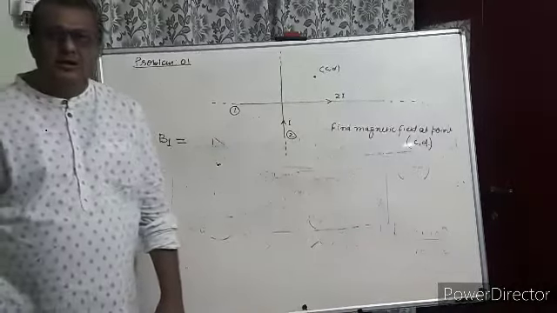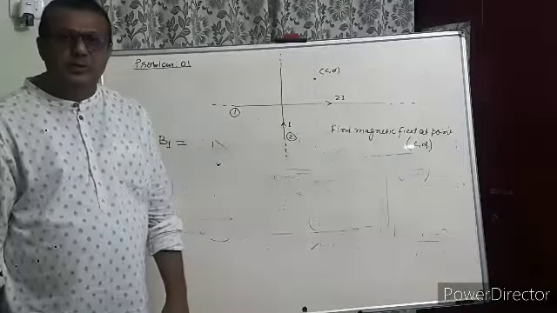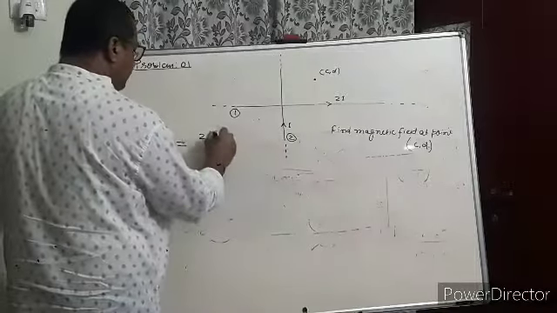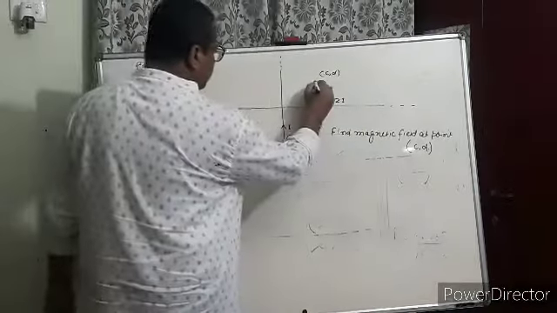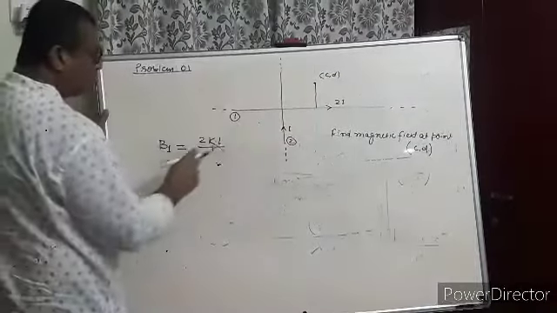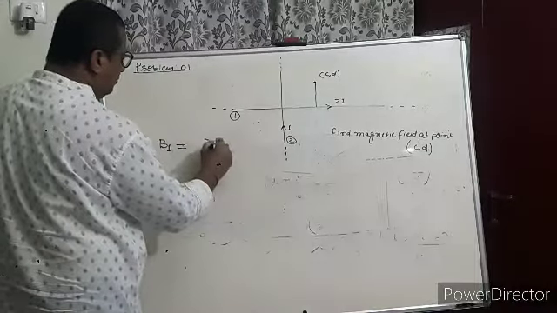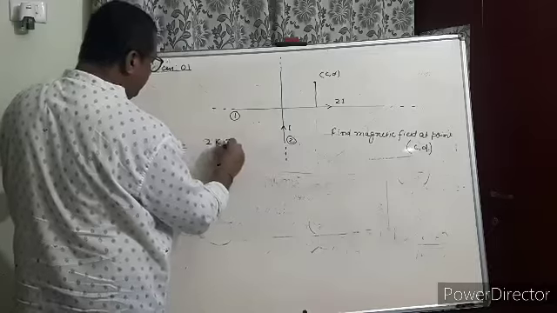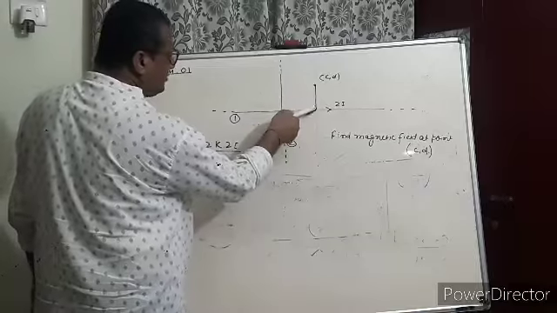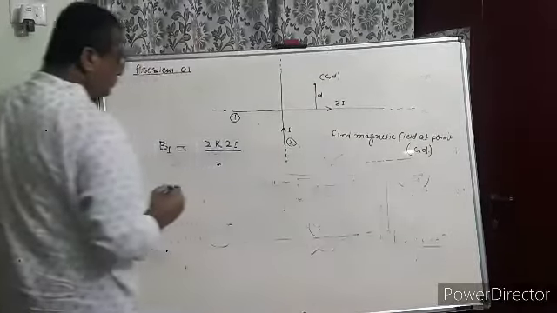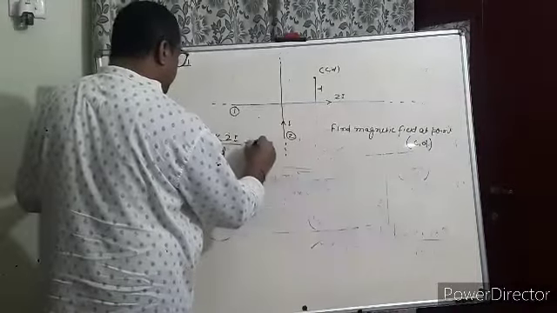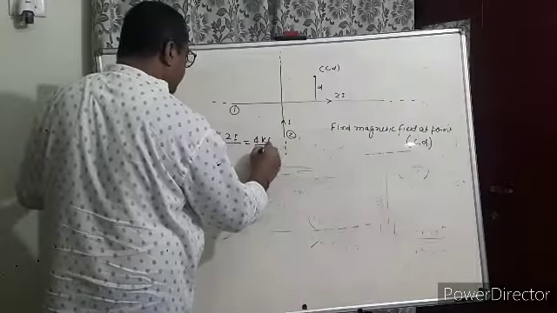We have the formula for an infinite wire, 2Ki by A. So this will be equal to 2K, and current is 2I, by A. This is the perpendicular distance from the first wire, and this distance is D. Then this value will be equal to 4Ki by D.